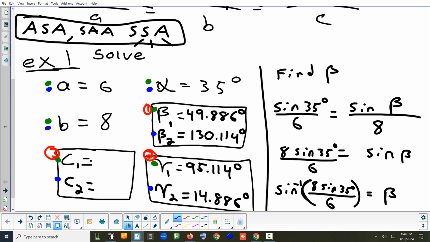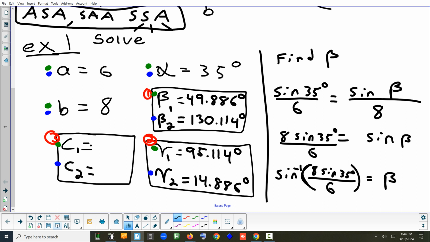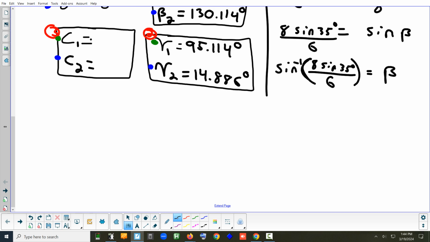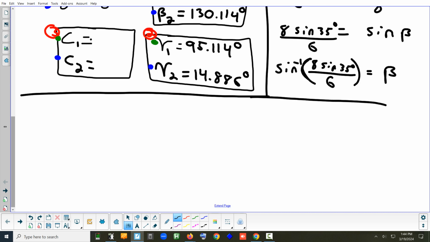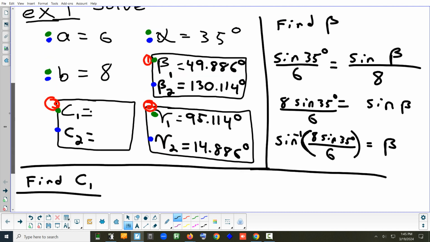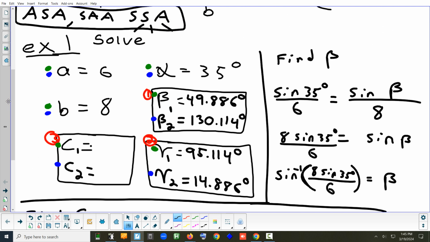Okay, and we're going to set it up kind of like we did for beta. So let me get some more space. All right, so let's do C1. To find C1, you can think of that as part of the green problem.